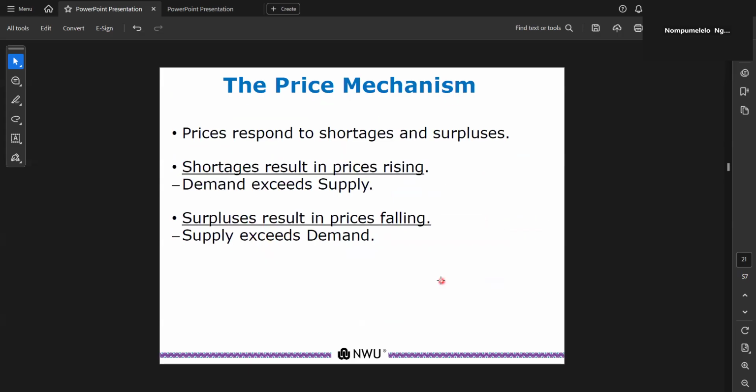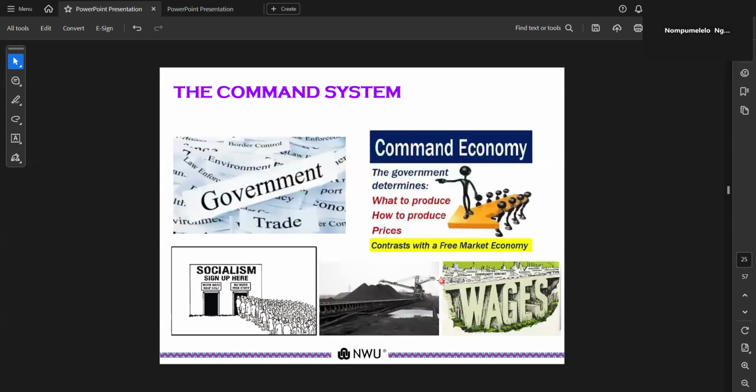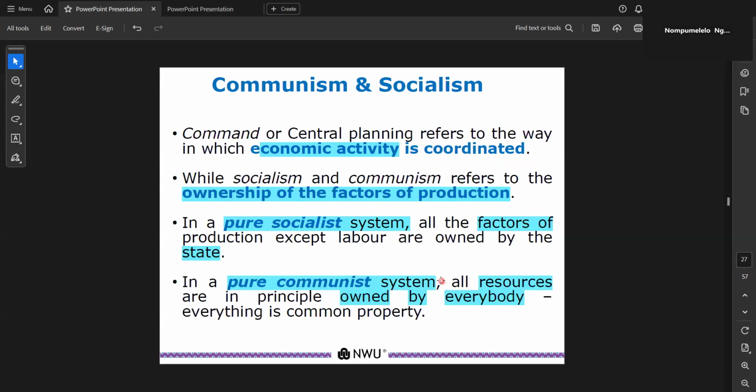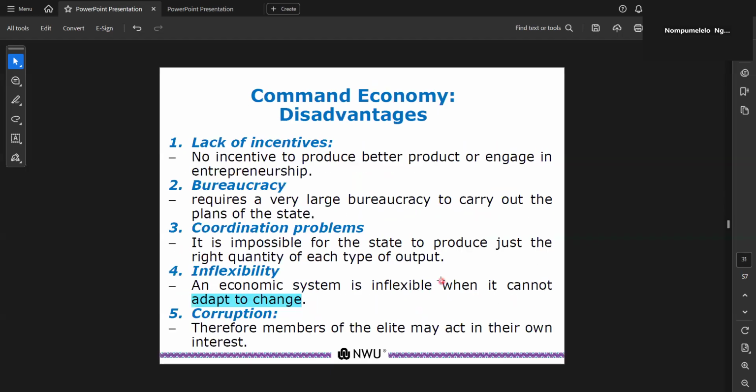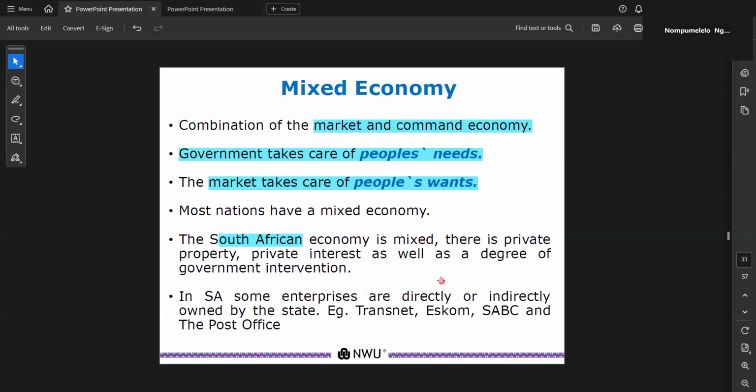And now we must look at the mixed economic system. So here's the mixed economic system. In the mixed economic system, it's a combination of the market economy and the command economy, or the centrally planned economy. So in the mixed economy, the government takes care of people's needs.